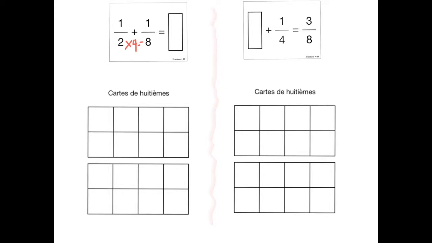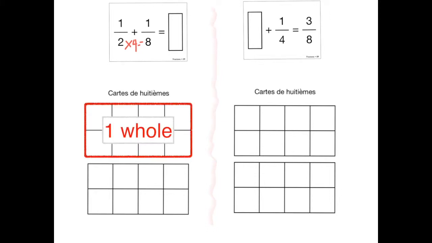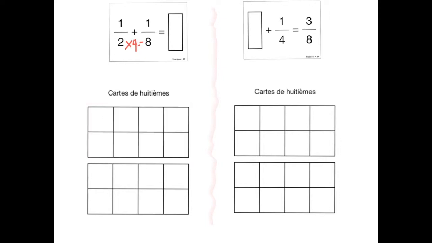So in the eighths chart that we have below, each large rectangle represents one whole, or it's equal to 1. And we can use these charts in order to work with the addition statements. So in the first one, for example, I have 1/8. If the whole is divided into 8 pieces, each piece is equal to an eighth.